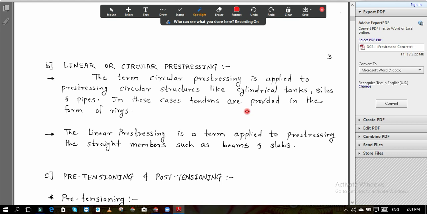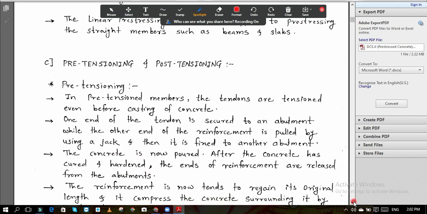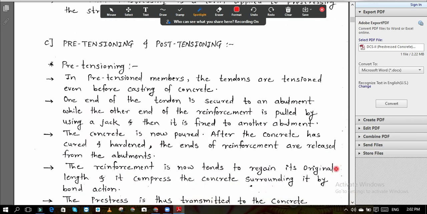Linear pre-stressing is the term applied to pre-stressing straight members such as beams and slabs. Actually, the heading should be linear and circular pre-stressing, not or. Both we have talked about.